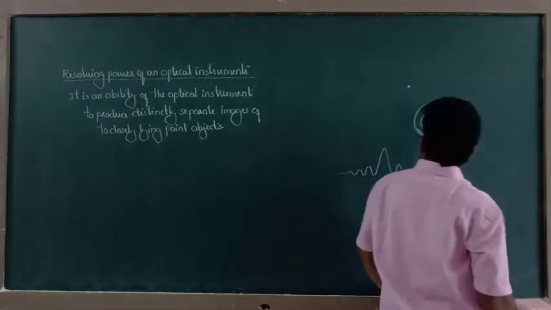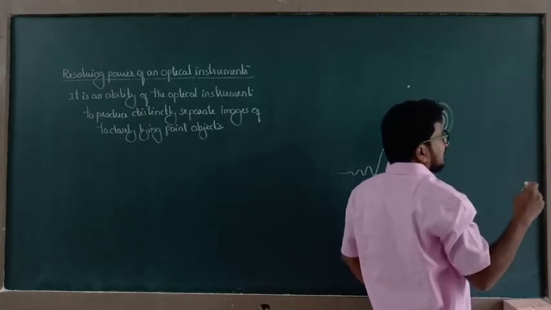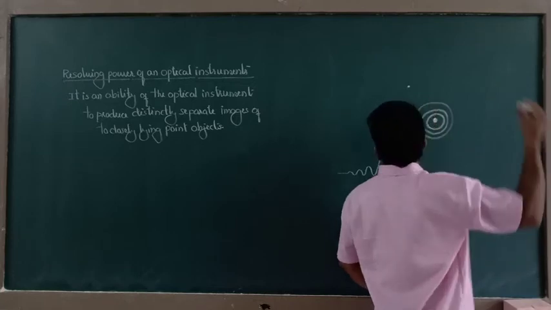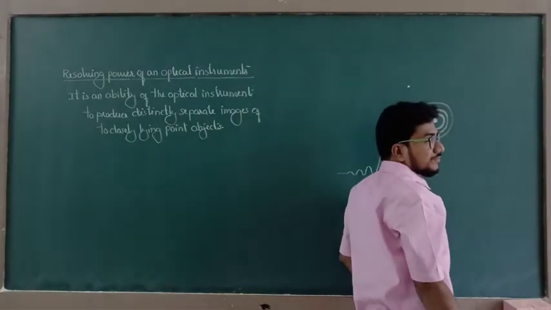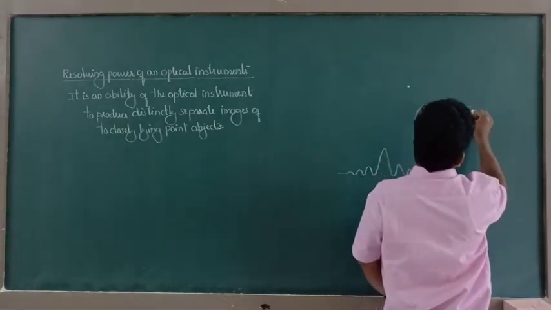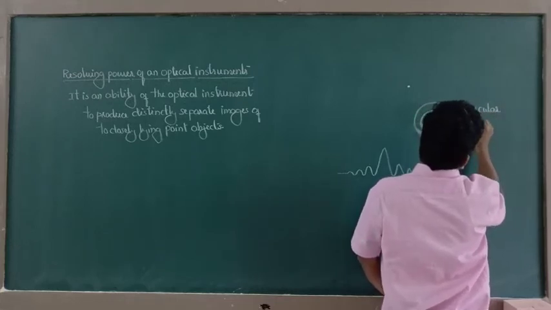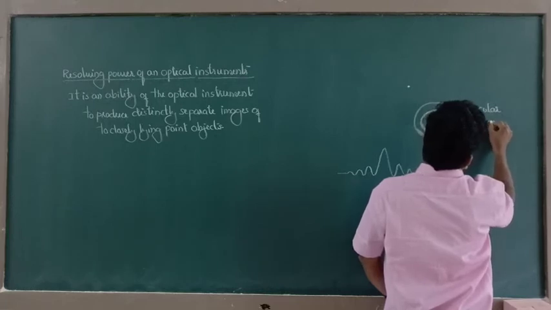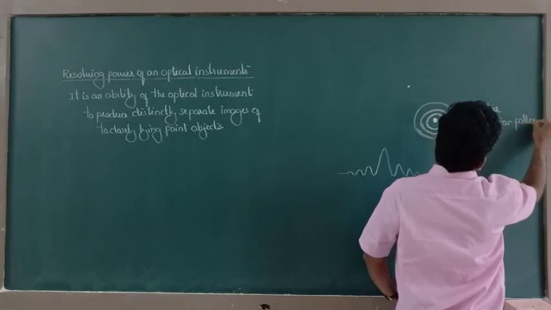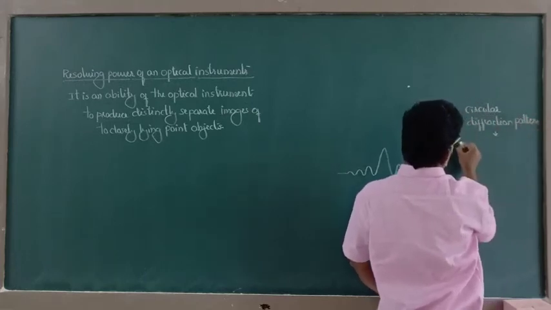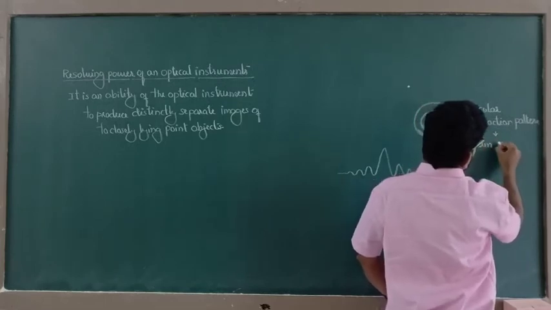This is the diffraction pattern of the point object due to bending of light rays around the objective of the optical instrument. Objective means the lens which is near to the object.